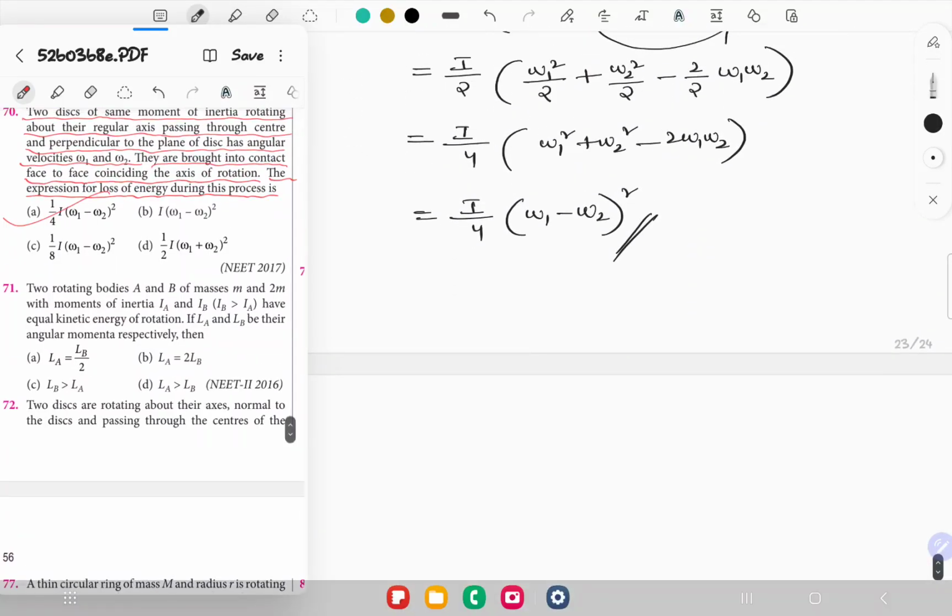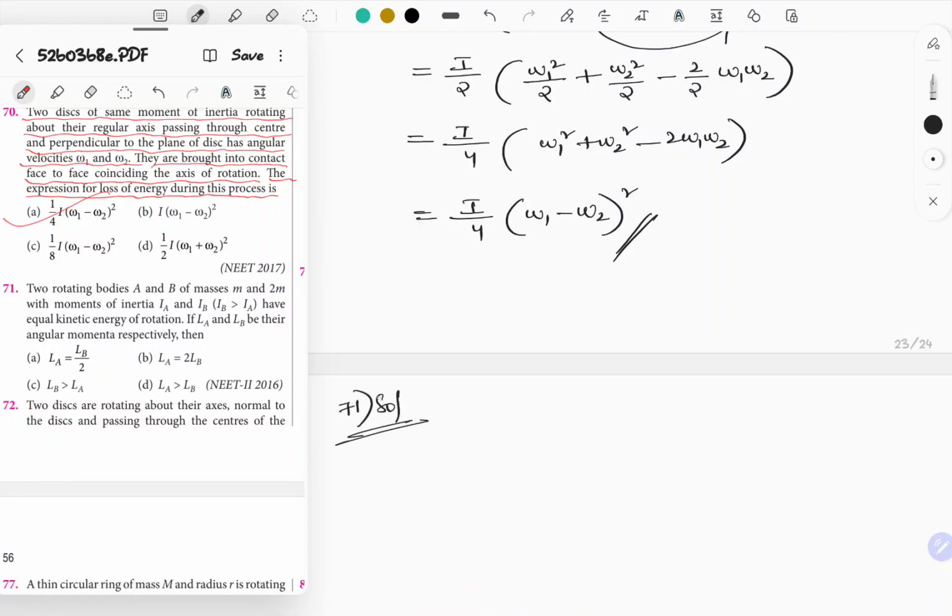So next one, question number 71. Super. Two rotating disks A and B of masses m and 2m with moments of inertia Ia and Ib have equal kinetic energy of rotation. Let me write down the data they have given.